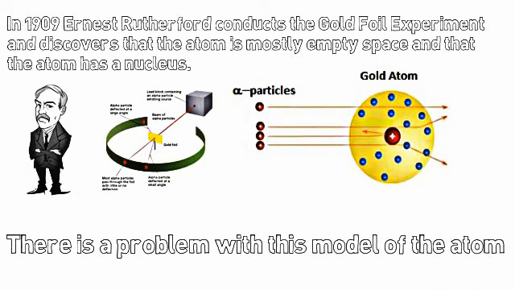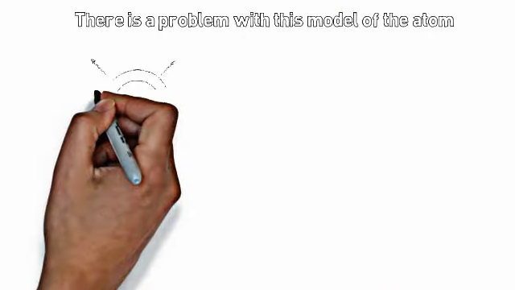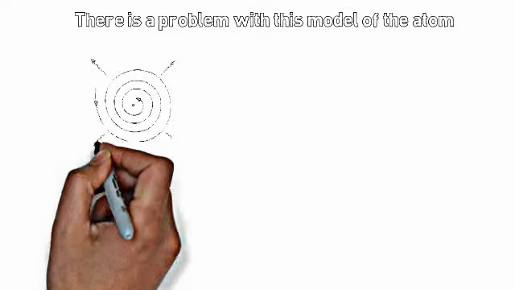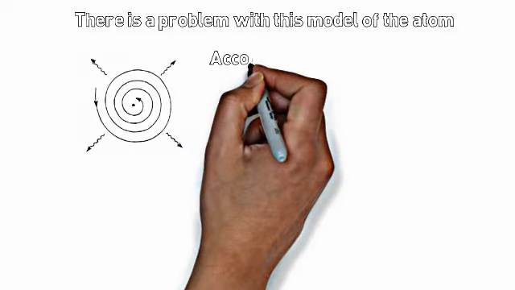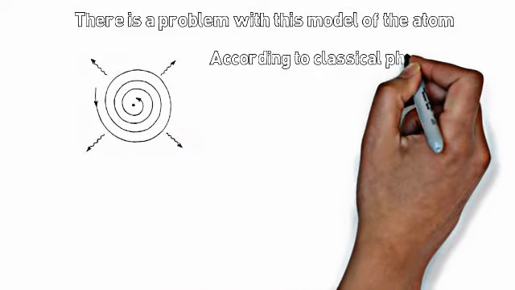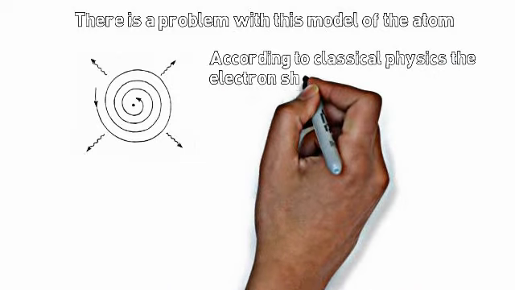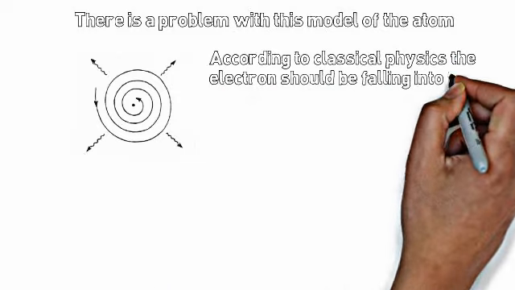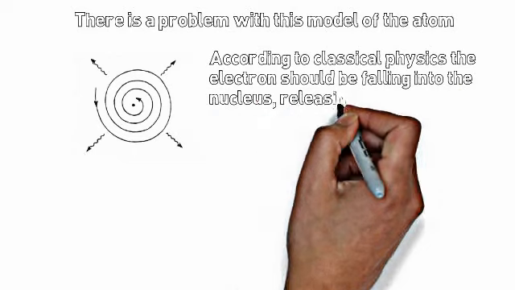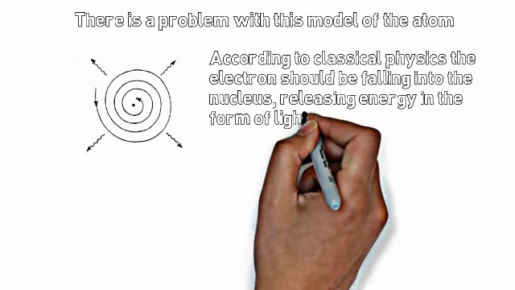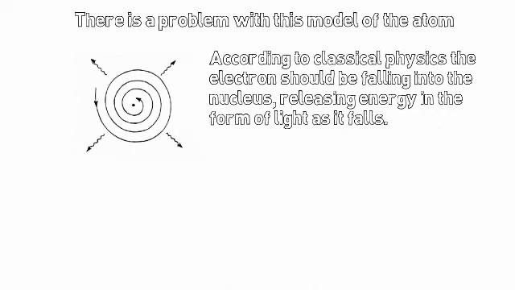There is a problem with this model of the atom. And the problem is that according to classical physics, the electron should be falling into the nucleus and releasing energy in the form of light as it does so. So as it continually falls into the nucleus, it should be continuously and constantly releasing energy.